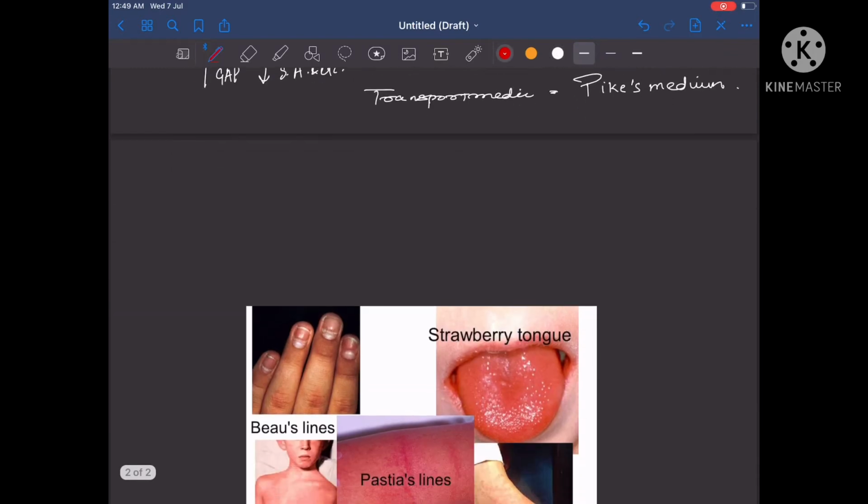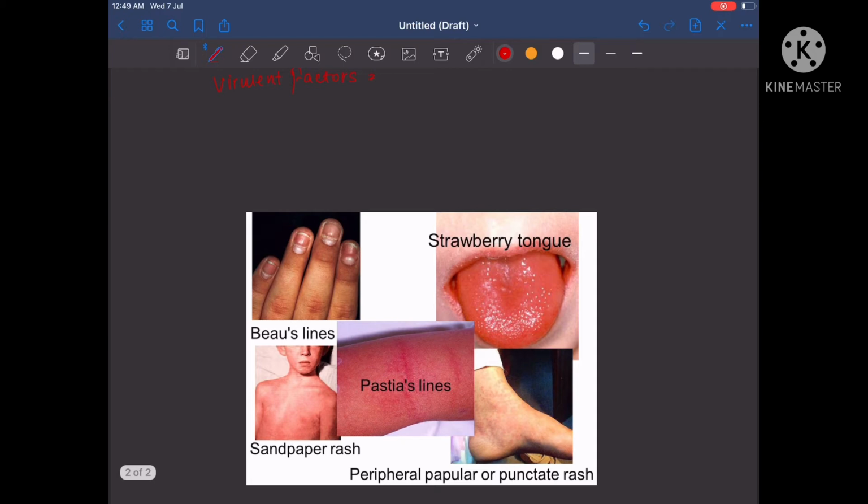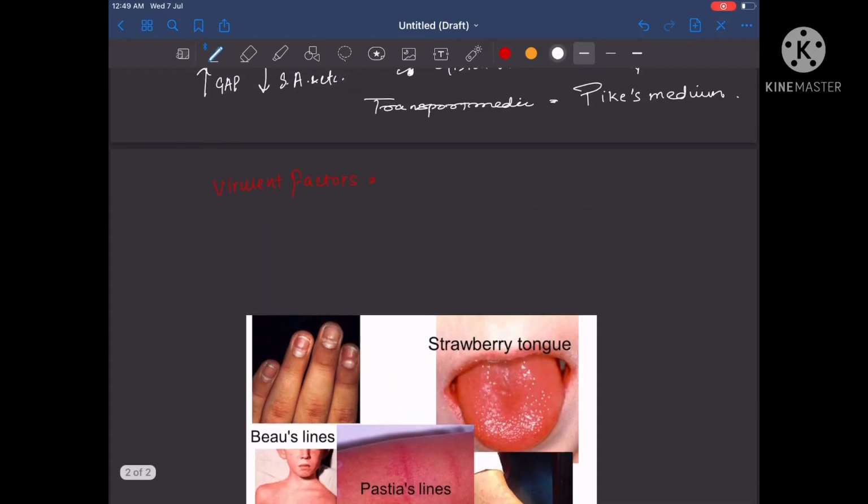Now coming to the virulent factors. Our third topic is virulent factors. In virulent factors, the first factor is exotoxin. The exotoxin of Streptococcus is erythrogenic toxin.